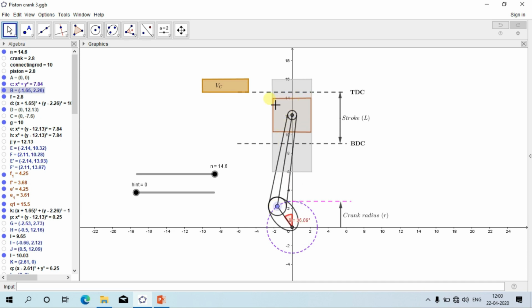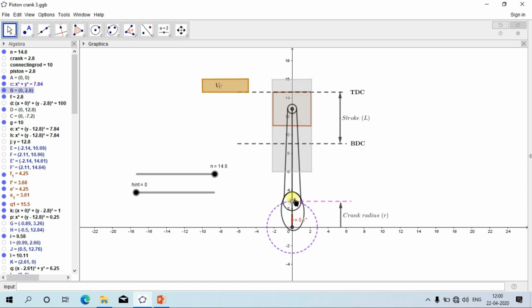This gray rectangle is a cylinder, and inside the cylinder we have a piston. The piston is connected with a connecting rod, and the connecting rod is connected with the crank. This smaller link over here is the crank.